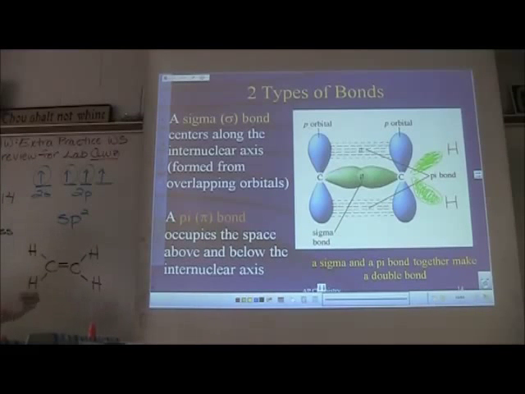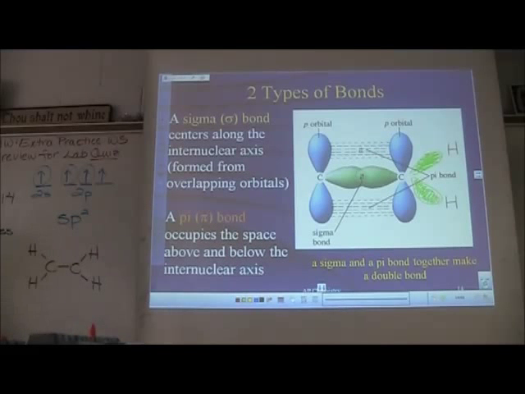So, let me just erase this for a second. Here's what you're going to have to answer about sigma and pi. Probably multiple choice. I want you to look at this structure. I know I erased that second bond. I'll put it back in a second.